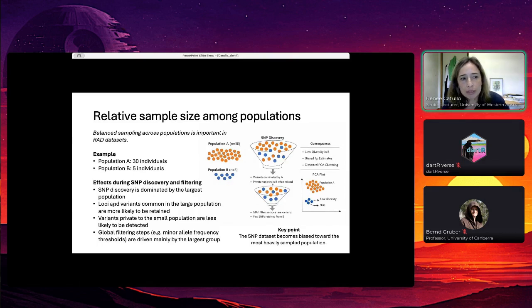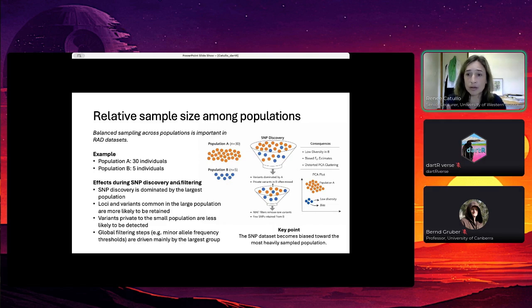So SNP discovery is really dominated by your largest population. I'm going to show you some examples of what goes wrong with imbalanced sample sizes. The loci and variants more common in the large population are going to be retained, and you're going to lose the ones in your less well-sampled population.